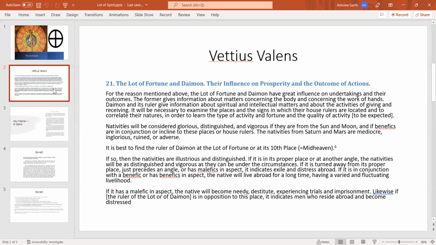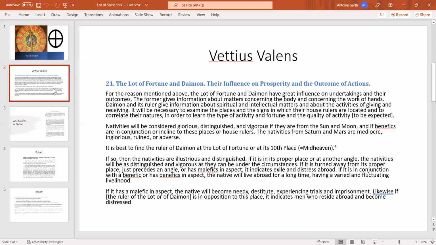Because even as we continue on, the usage of the part of fortune becomes more corrupted. When I first started with astrology in the 90s, there was only one formula for finding the part of fortune, and it was only the night formula, or maybe it was only the day formula. We didn't know that you had to change it for night or day charts.